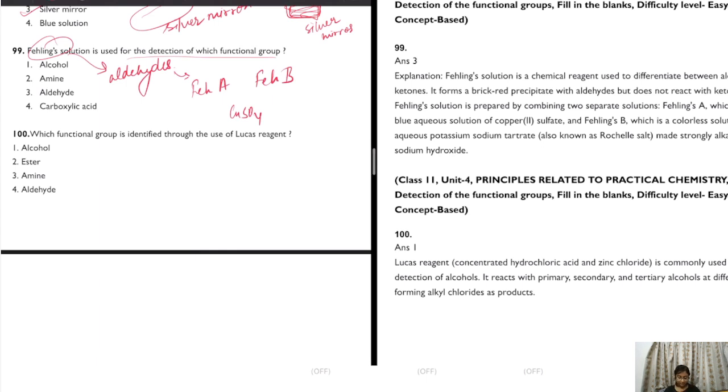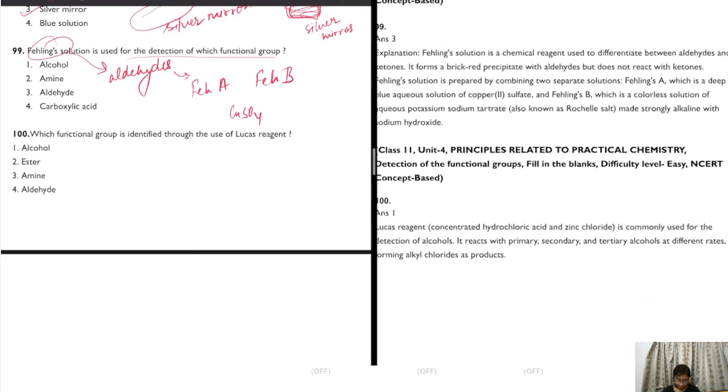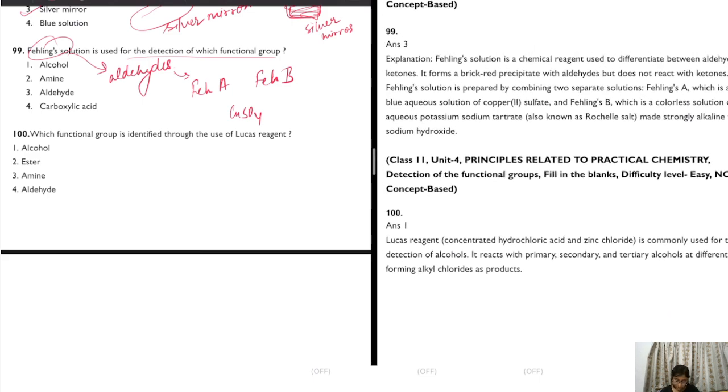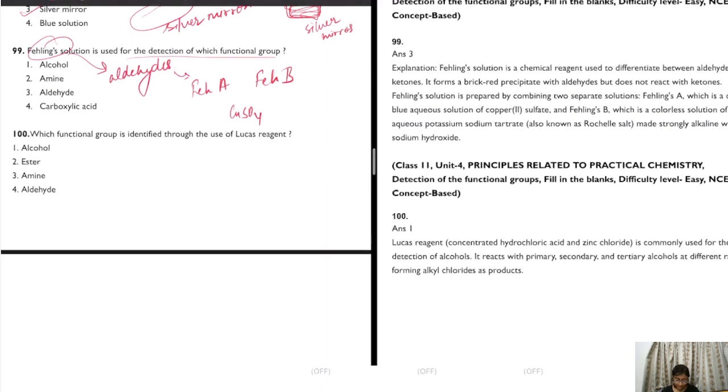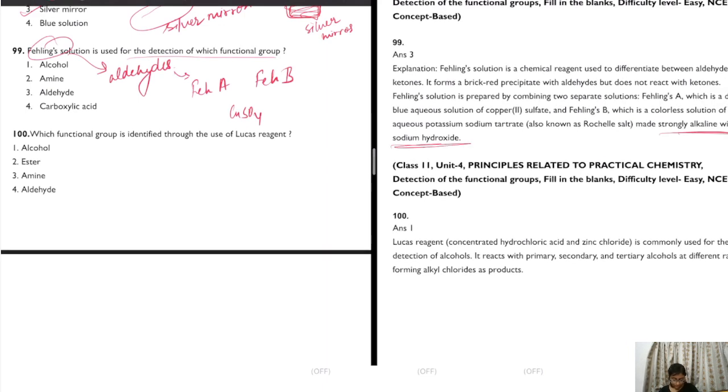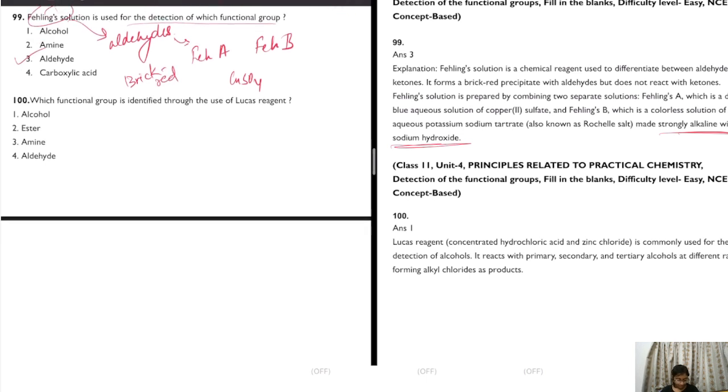Rochelle salt is also called sodium potassium tartrate. So this is made in strongly alkaline solution with sodium hydroxide. It reduces and gives brick red PPT. So the answer is aldehyde. It does not react with ketone.